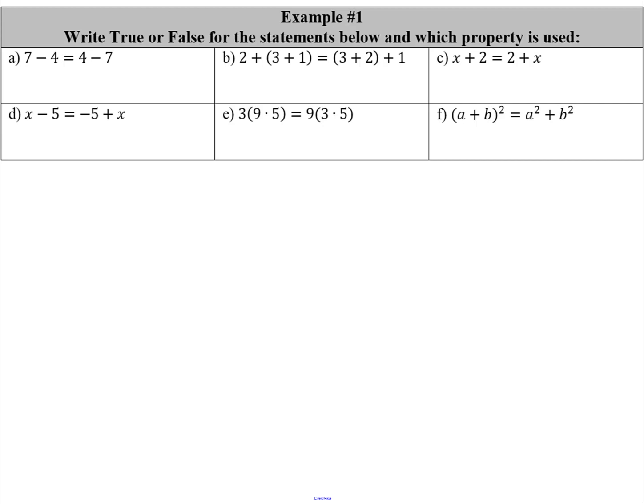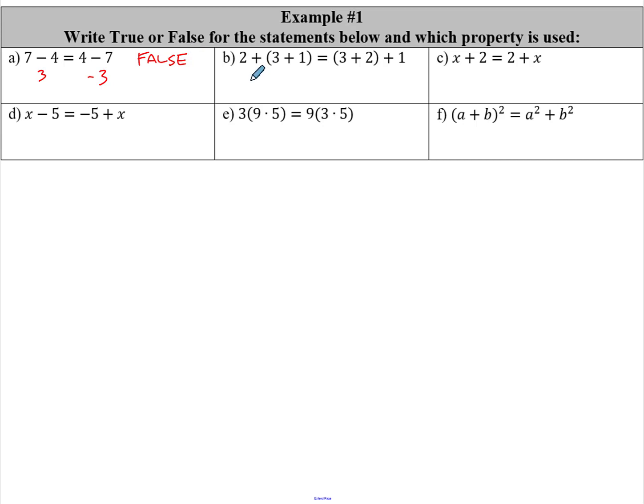Well, if you take a look, what would 7 minus 4 be? That would give us a positive 3, and 4 minus 7 would give us a negative 3. So indeed, this is false. We cannot use any of these properties to justify an equivalence between these two expressions.